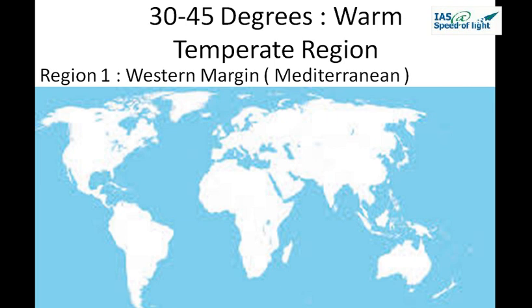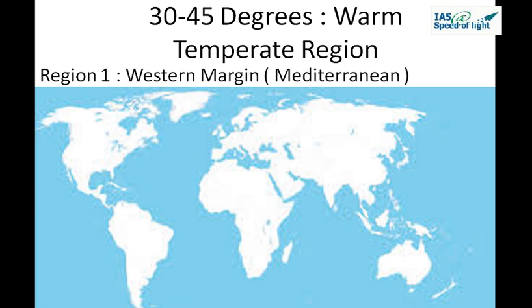So now between 30 to 45 degrees, and then again from 45 to 65 degrees, we are going to study the warm temperate region and then the cool temperate region, and we are going to approach this with the western margin, the center of the continent, and then the eastern margin of the continent, right?